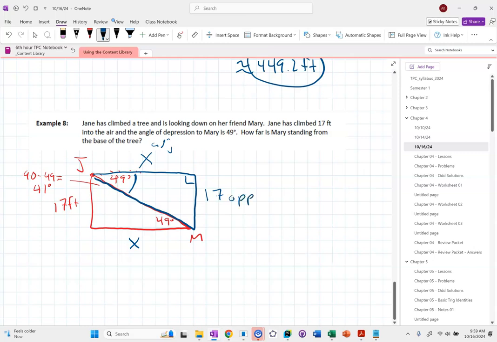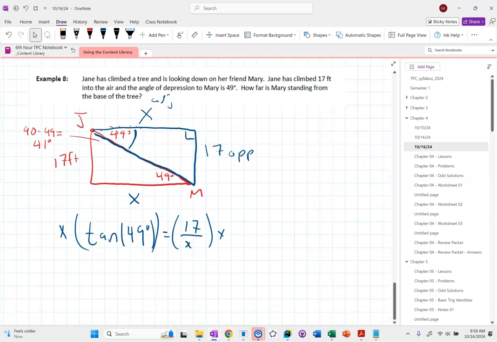So the trig function I want is tangent. So tangent of 49 is opposite over adjacent. So to solve this for x, I need to get that x out of the denominator. So I'll multiply both sides by x.